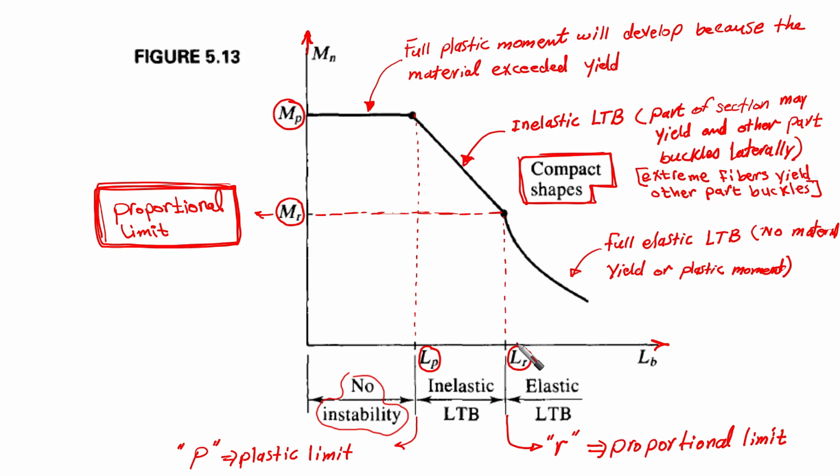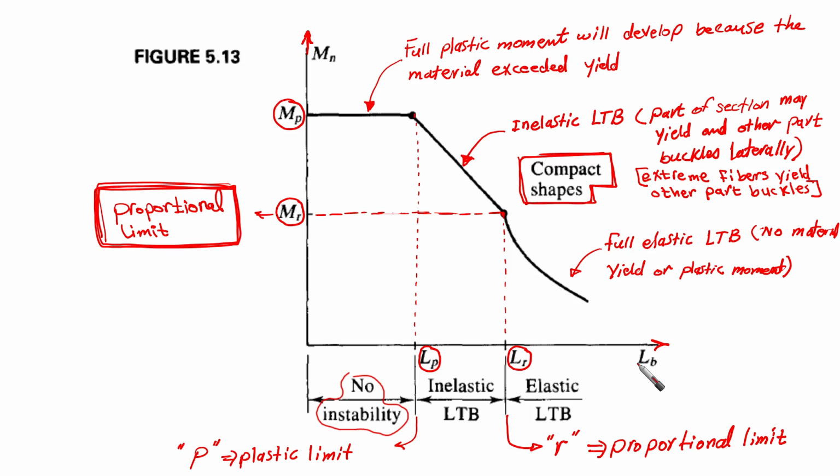The part between LP and LR, this zone on the horizontal axis, gives us the inelastic lateral torsional buckling. You're going to find that the nominal moment is going to be less than Mp, and it is gradually decreasing until it reaches a point here. This point is identified on the horizontal axis by LR, the proportional limit.